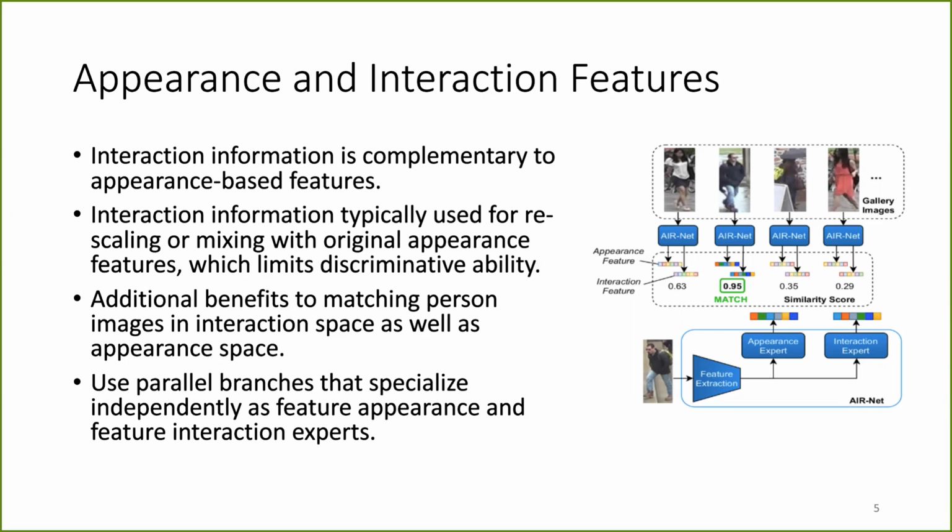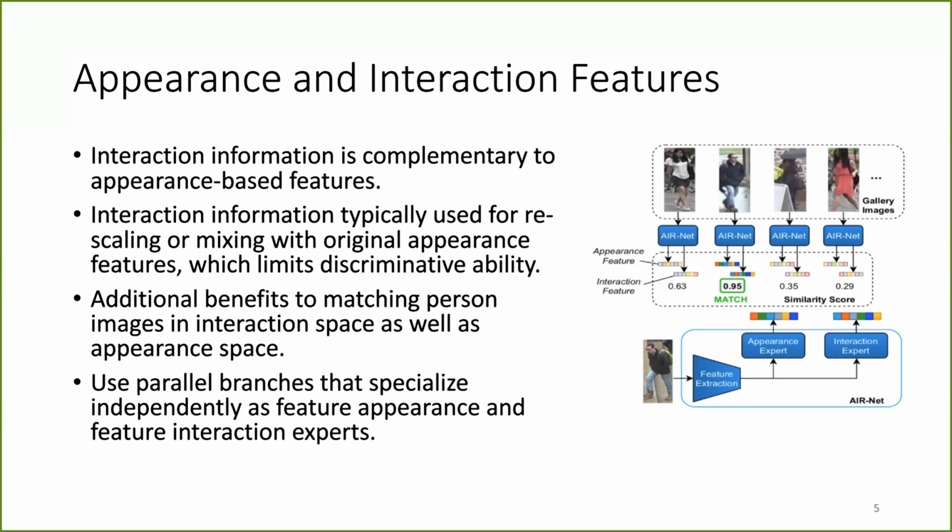As I said before, in previous works this interaction information is always used to rescale or sum with the original appearance features. Of course, when you mix them together, you weaken the effects. So what we suggest is that there are additional benefits to maintaining these representations separately and performing subsequent matching.